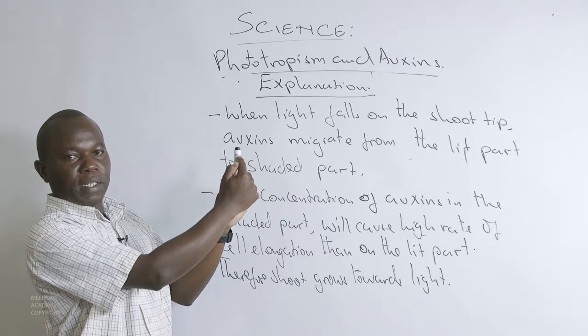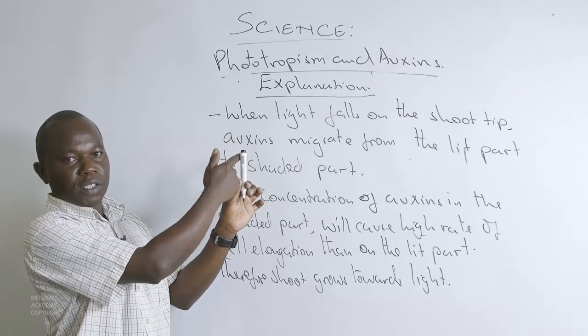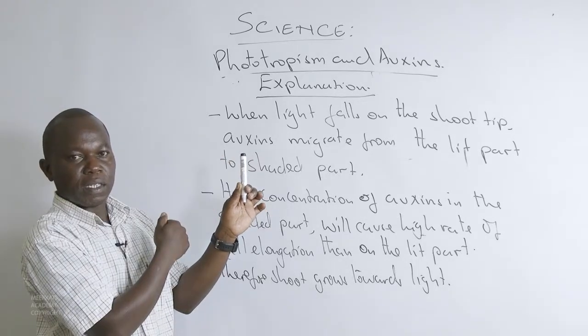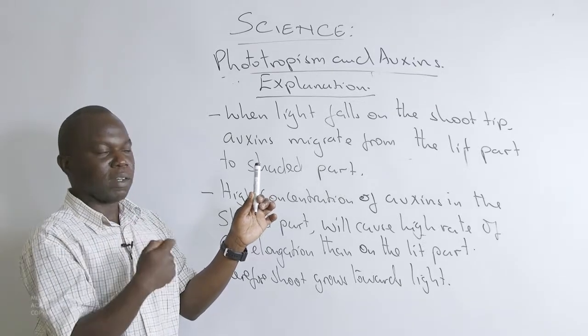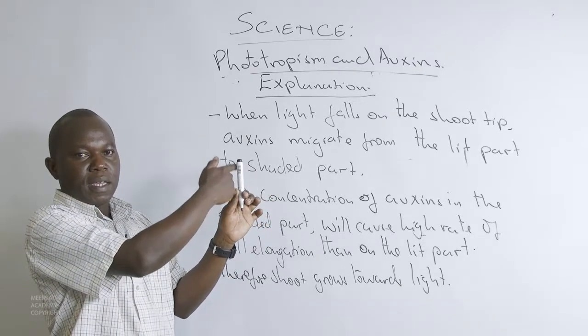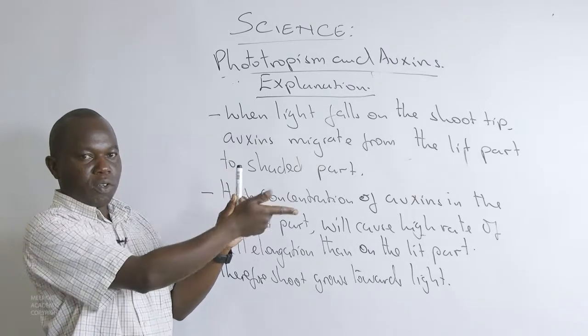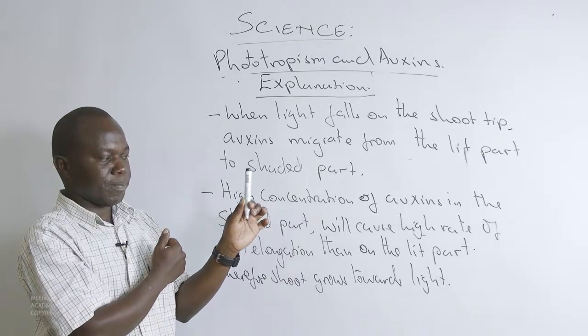So auxins will migrate from this point, and we are going to have higher concentration of auxins on the other side. And because we have high concentration on this side, and auxins stimulate cell elongation, we are going to have a high rate of cell elongation on this side than the other side. So the seedling bends towards light.